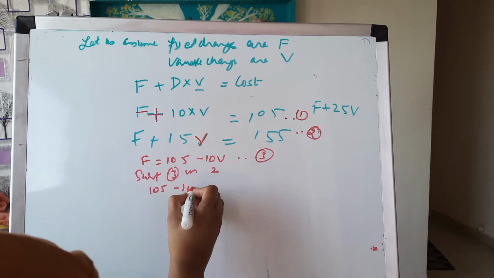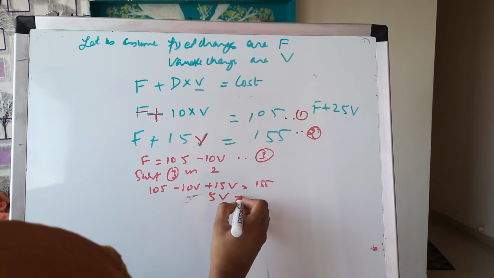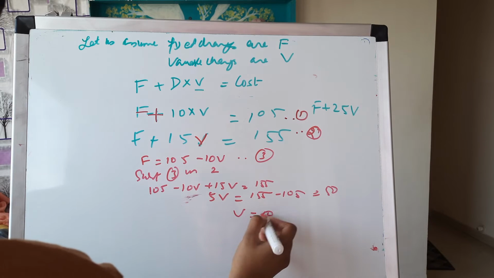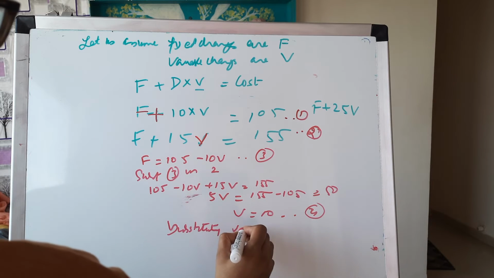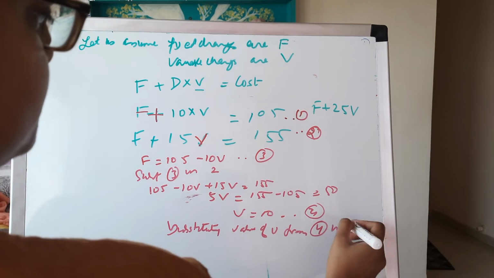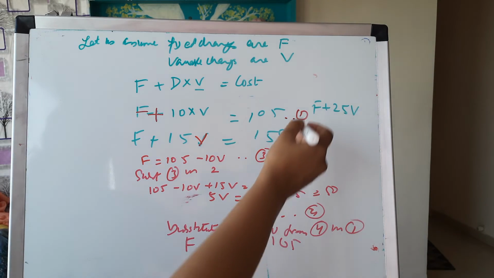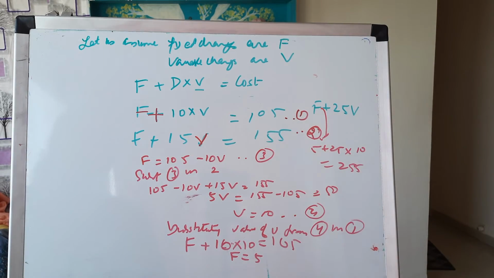So 105 minus 10V plus 15V is equal to 155. 5V is equal to 50, V is equal to 10, substituting the value of V from 4 in 1, basically 10 into 10, right, so 100. So F comes to 5. Okay, so putting this in, what will happen: 5 plus 25 into 10, just 255. So this is the answer.